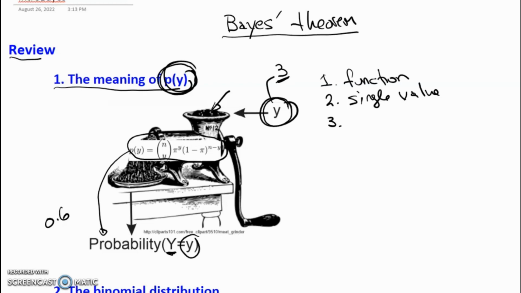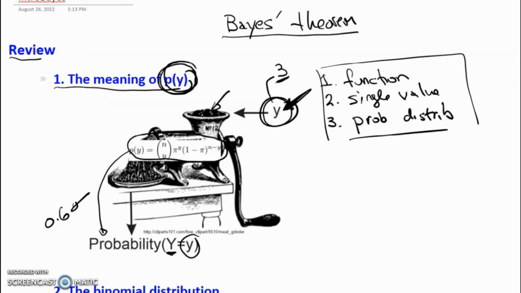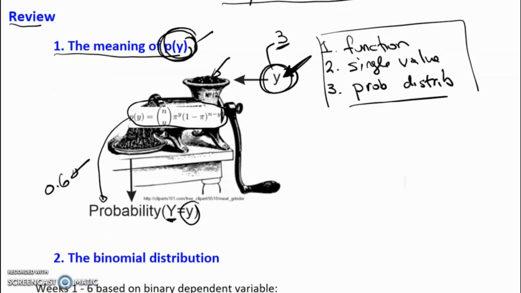Alternatively, it can refer to an entire probability distribution. So I could put in all possible values that I might observe for y, and what would come out the other end would be the probability of each of those, and the sum of those would be equal to 1.0. So these are three possible meanings of P of y.